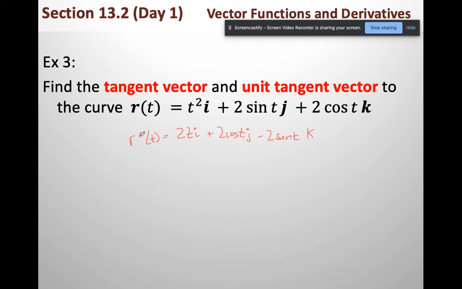So what do you think I need after this? There's the tangent vector. Now I need the unit tangent vector.